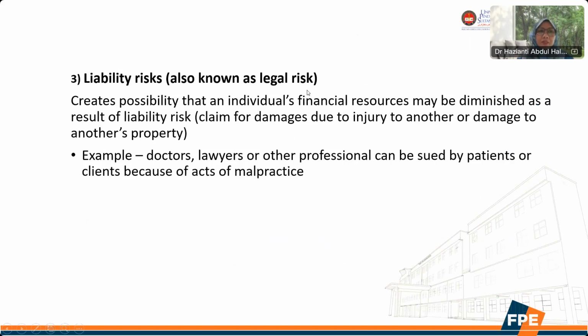The third one is liability risk, also known as legal risk. This is mainly applicable to professionals, because it concerns the possibility of an individual's financial resources being diminished as a result of liability. For example, doctors and lawyers can be sued by patients or clients because of acts of malpractice.